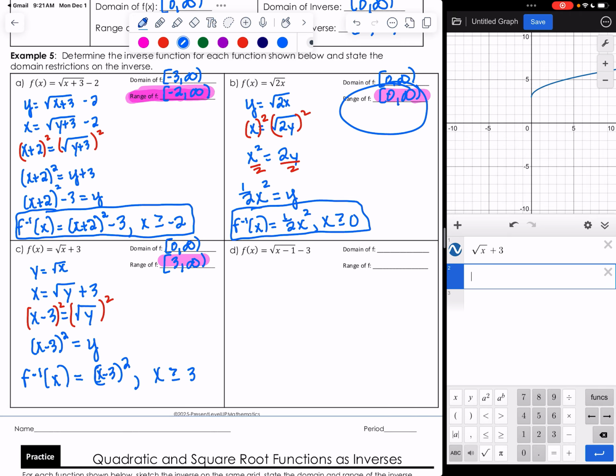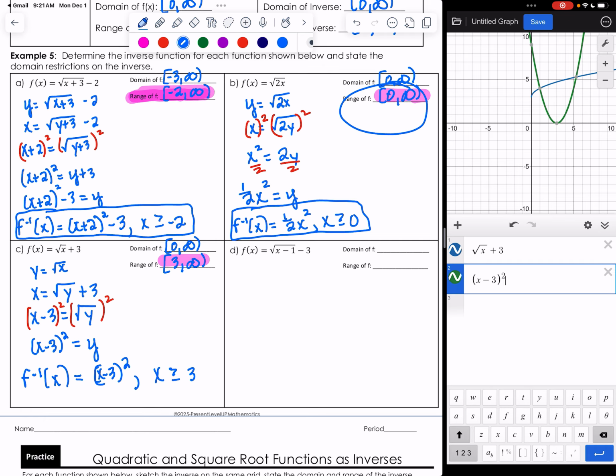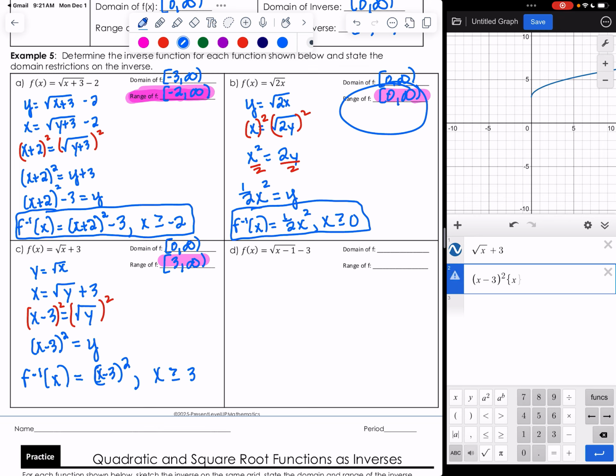Now let me just show you that. If I do x minus 3 quantity squared, see, I get the full parabola, but I only want the one on the right, so I will restrict the domain to x's greater than or equal to 3, and so now we have just the right side parabola. All right. Pause the video and try problem D on your own.